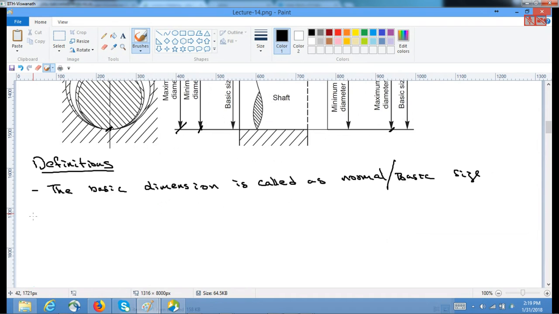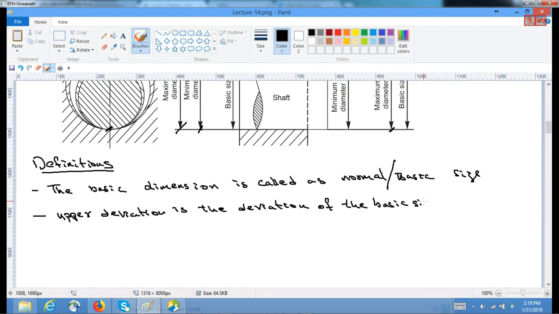Next, the upper deviation is the deviation of the basic size from the upper limit.